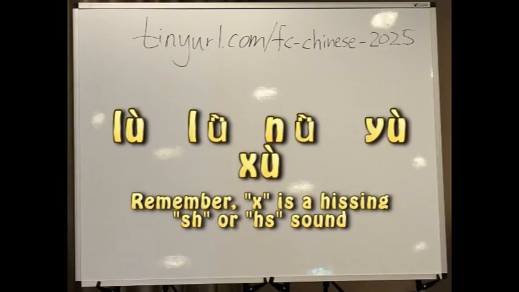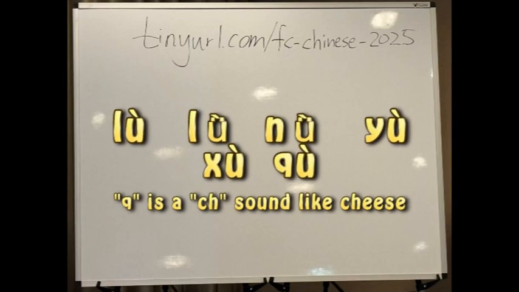I think X and Y are the ones that would rhyme with the two-dot sound. Q as well. Yes. So remember Q is kind of the ch sound in cheese. So qu. But all the other ones pronounce the plain u sound, so like lu, this is the normal u sound.